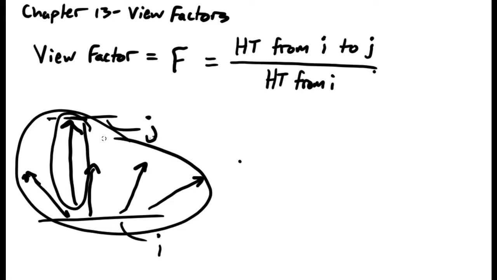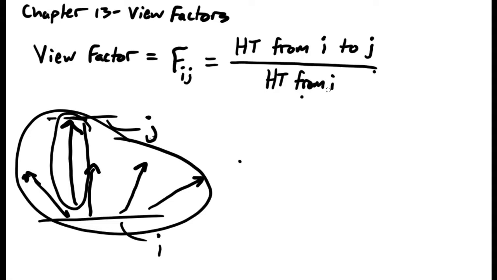So really, the view factor, in this case, Fij. So the view factor from I to J, or the amount of heat leaving I that's going to hit J divided by the total amount of heat leaving I. So it's just a fraction, the fraction of heat that will hit a certain surface from a certain surface. Okay?